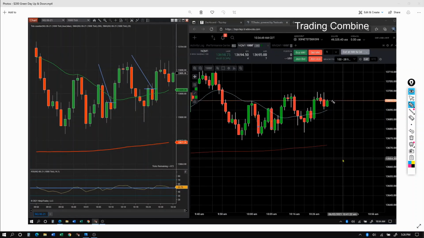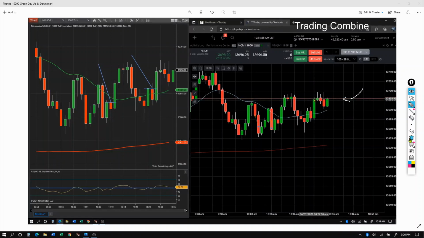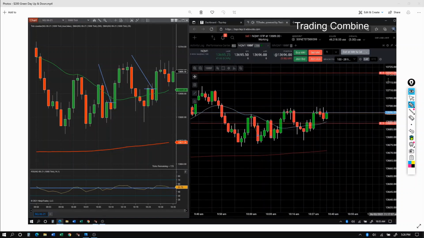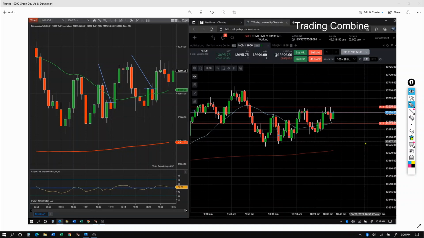And then right here, I'm about to jump in right there. The reasoning behind that is because I see this higher low formation right there. And I move my price target to just where these wicks are.